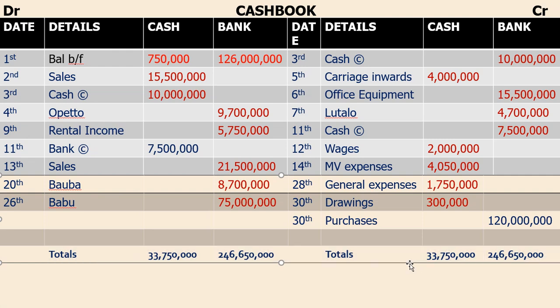So now if we add up the credit side of the cash column, how much are we having?